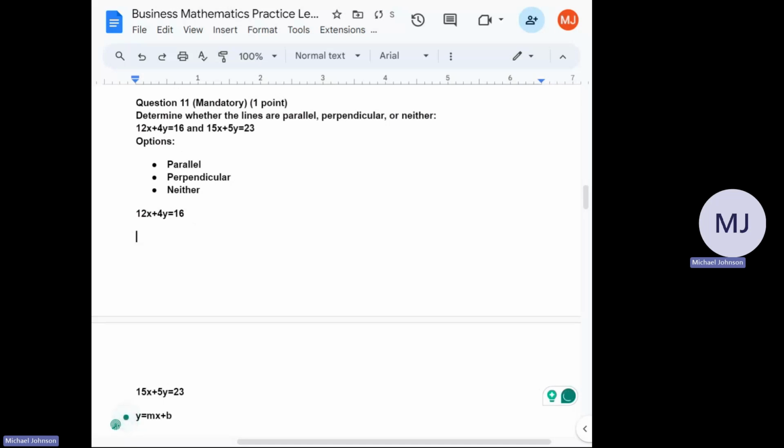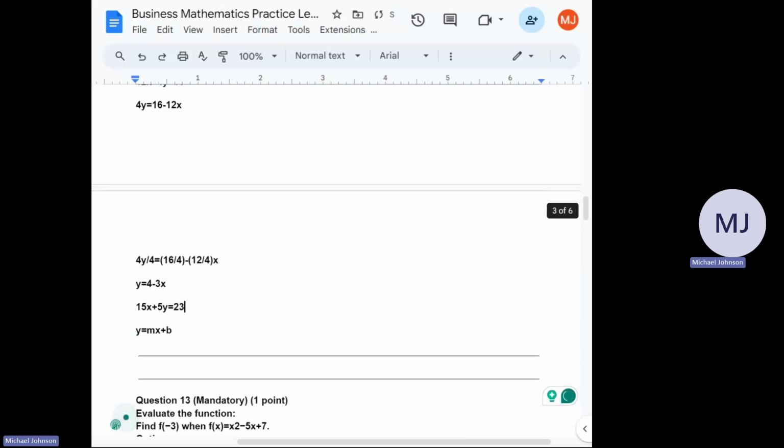So 4y stays here, 16, and then 12x goes to the other side, it's -12x. Then we have to divide all things by 4. And then we get y equals 4 minus 3x.